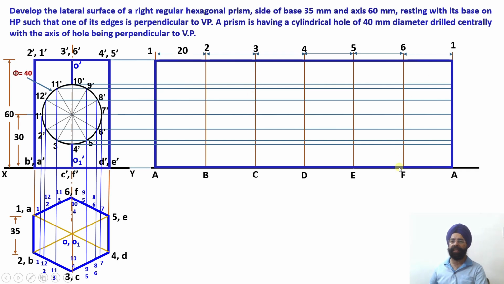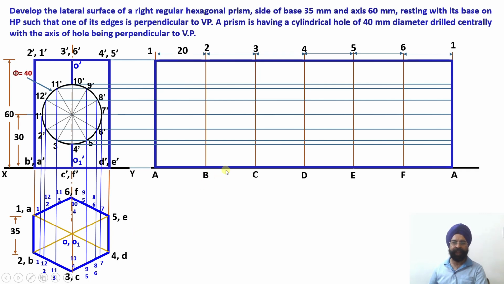So all the distances of the other points we are going to mark corresponding to 3C and 6F. Let us start marking the points from the top view. Please check the distance of 11 and 3 from this vertical edge 3C, it is this one. Similarly, the distance of points 9 and 5 from the vertical edge is this one. Both of them have to be equal, right? So now I am going to measure this distance and this distance.